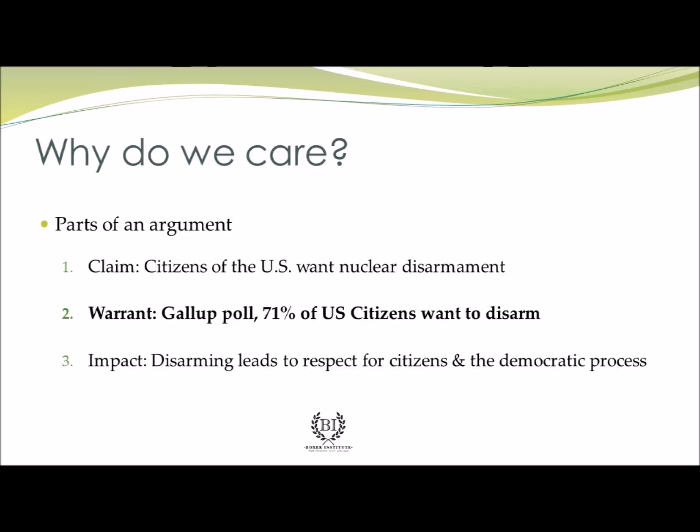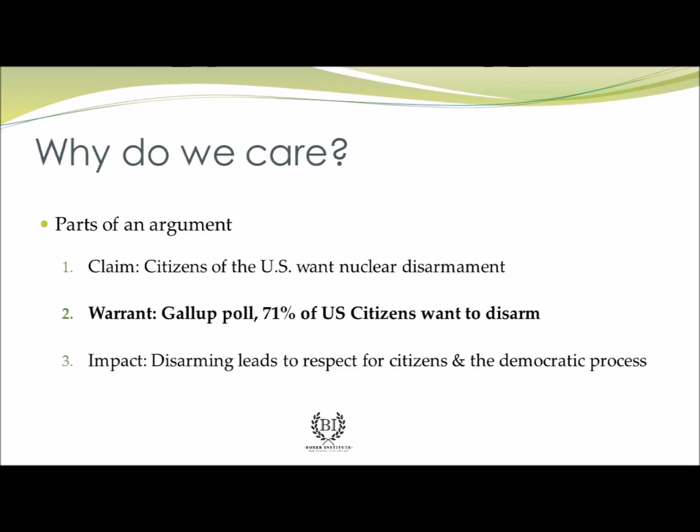To illustrate, maybe the claim is that citizens of the United States want nuclear disarmament. We want to get rid of all the nukes. Now, the warrant for that is this Gallup poll that I bring forward. I say 71% of US citizens want to disarm. And the impact of that then is that disarming leads to respect for the citizens and the democratic process, but only because of that warrant, right?